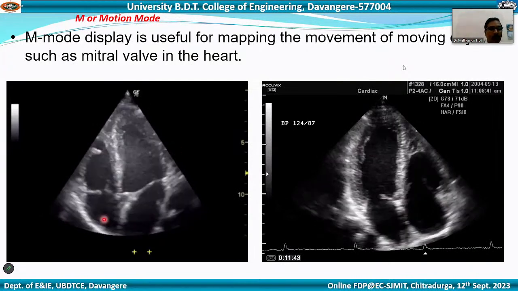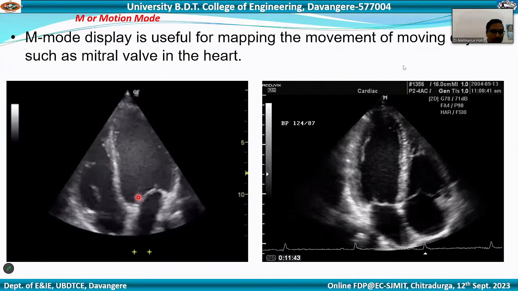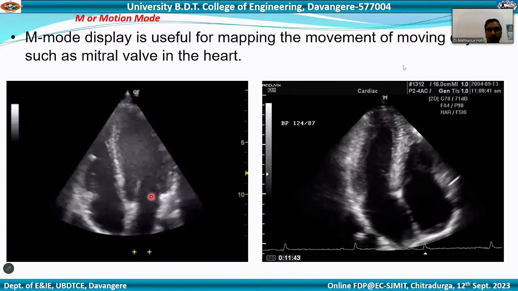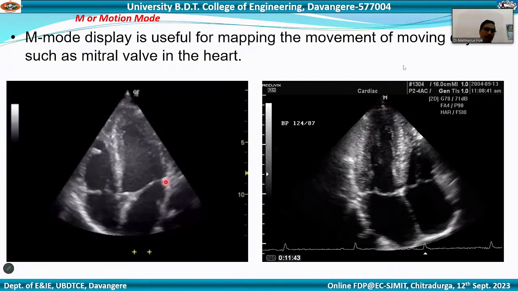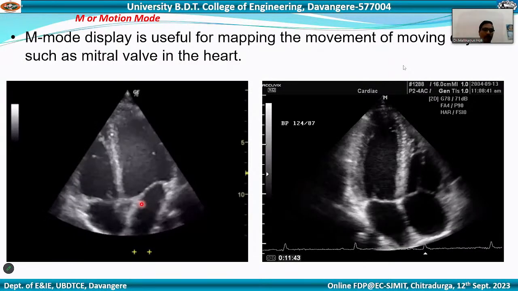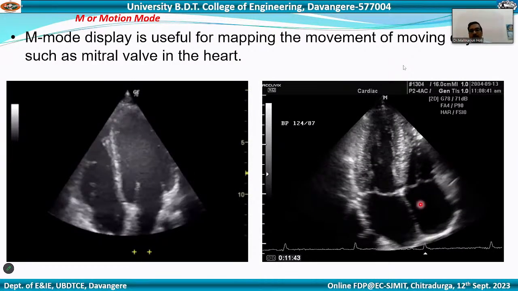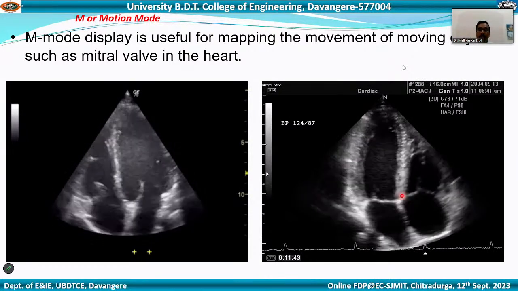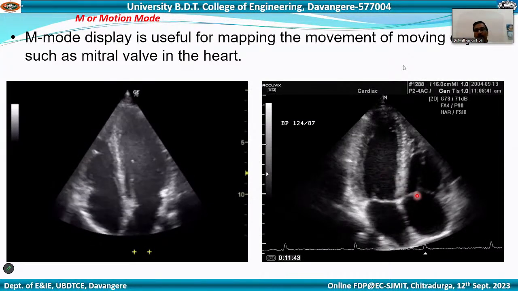You can see particularly these are the chambers of the heart. You can see clearly the heart walls which are closing and opening. Particularly this is the mitral valve and this is on the right side. Clearly you are able to visualize the beating of the heart, the contraction and relaxation of the heart chambers, and the opening and closing of the valves.